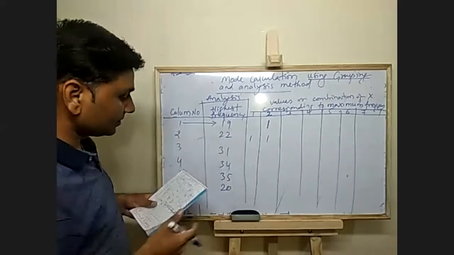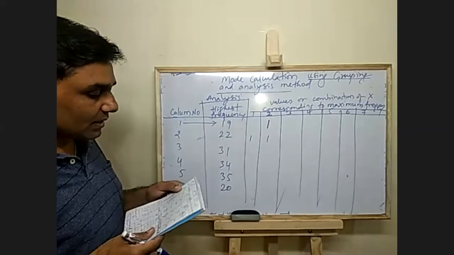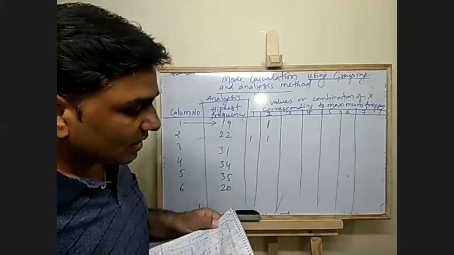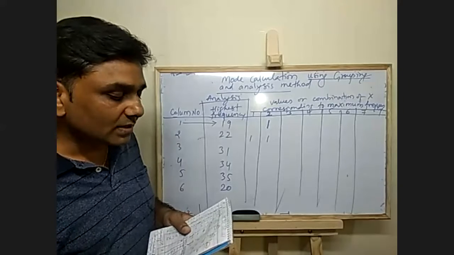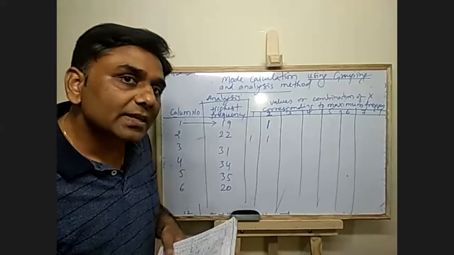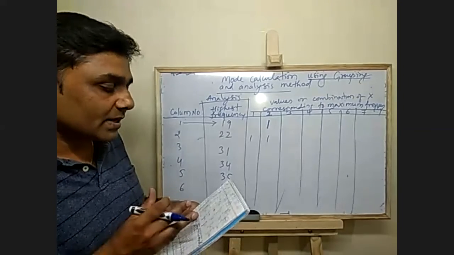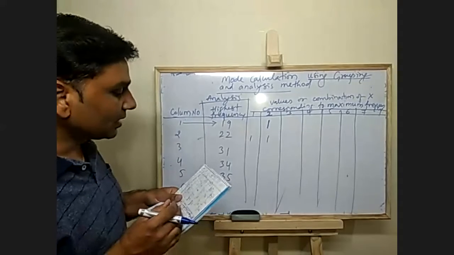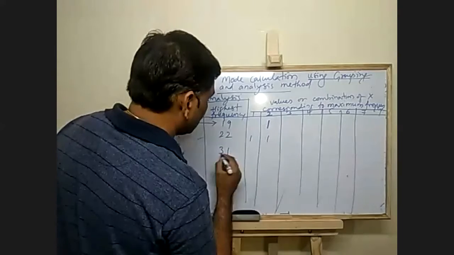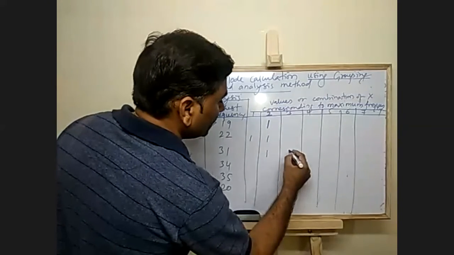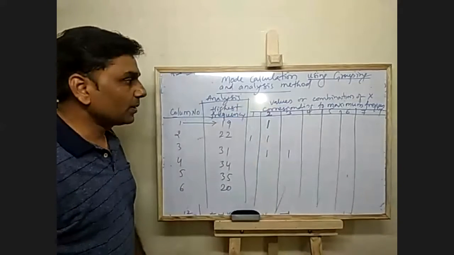Next, 31. 31 is the combination of frequency 19 and 12. And frequencies 19 and 12 are appearing in x2 and x3.